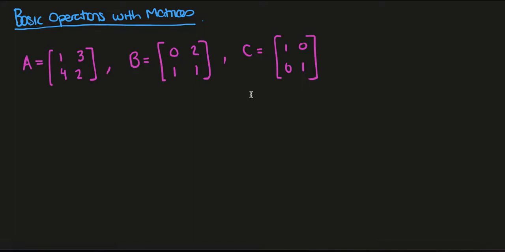Okay, so in this video we want to introduce matrices and discuss some of their basic properties. Matrices are just grids of numbers essentially. What I have here is three examples of 2 by 2 matrices, so we have the number of rows being 2 and the number of columns being 2.